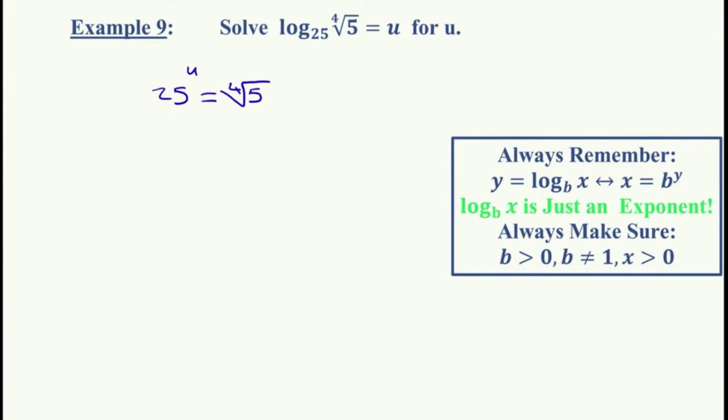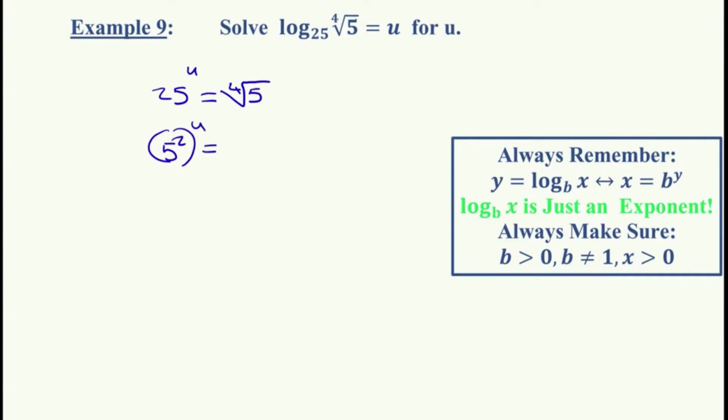All right, so this is actually more practice like the items we did in the previous set. So we want to go ahead and write both sides as the power of the same base. It looks like 5 is going to work for us, so we'll write the 25 as 5 squared.